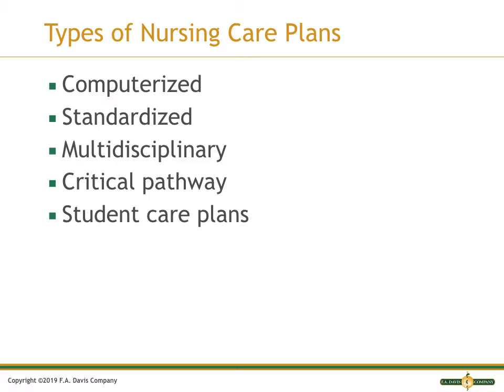Standardized care plans are the pre-printed documents with typical nursing diagnoses and interventions that coordinate with particular medical diagnoses. An example is a standardized care plan for pneumonia might be ineffective airway clearance, impaired gas exchange, or activity intolerance, and there will be interventions for each.